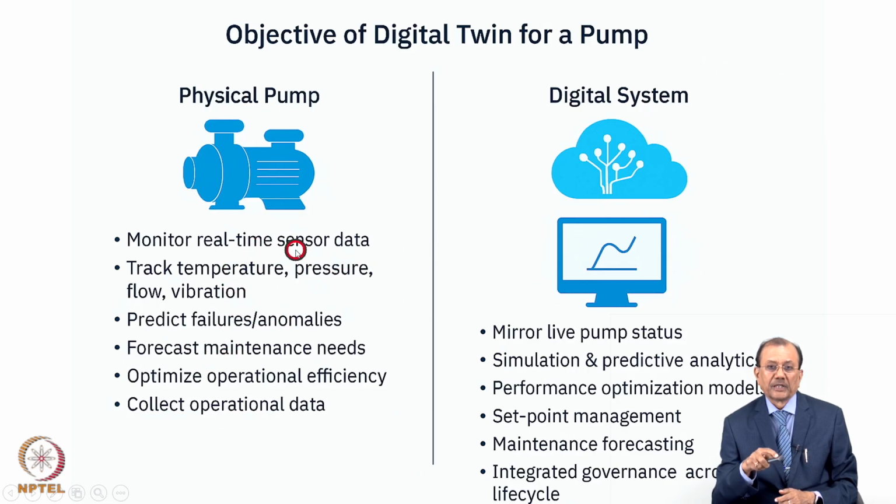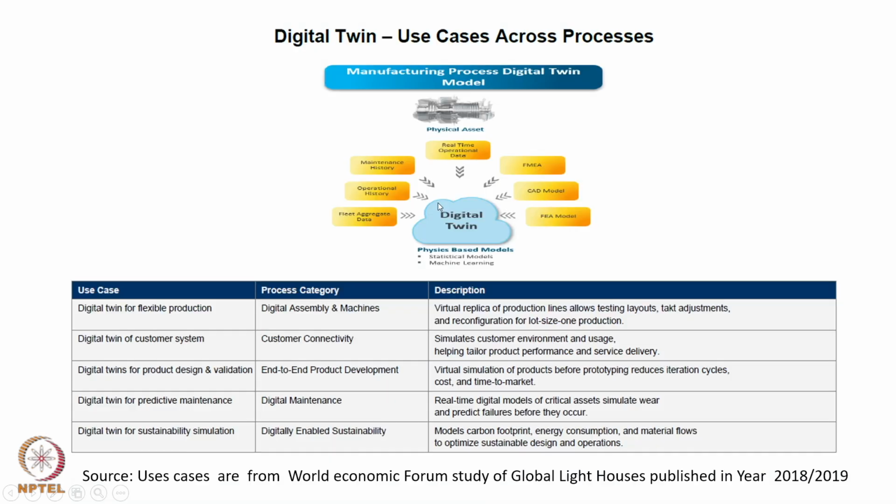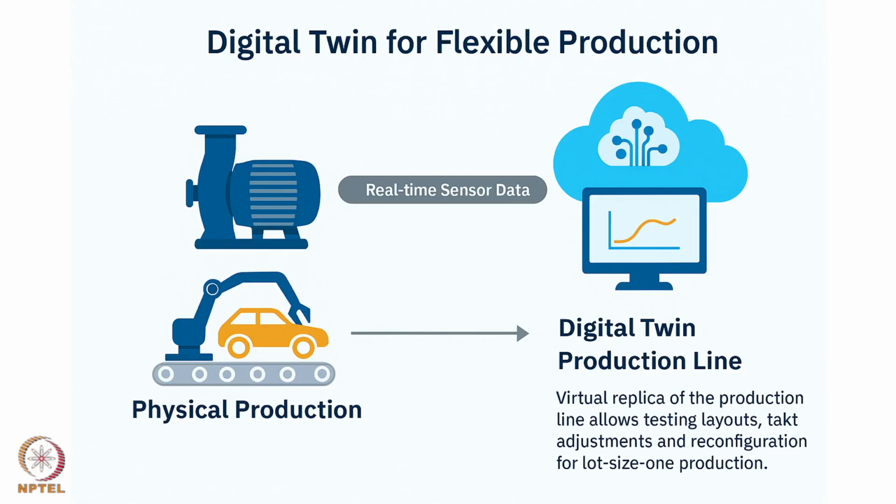Suppose we have a large number of pumps, sometimes thousands of pumps. It's not possible to have technicians manually watching and monitoring each and every pump. So here digital twin kind of systems are very useful. We'll see in a minute's time how it can be governed.